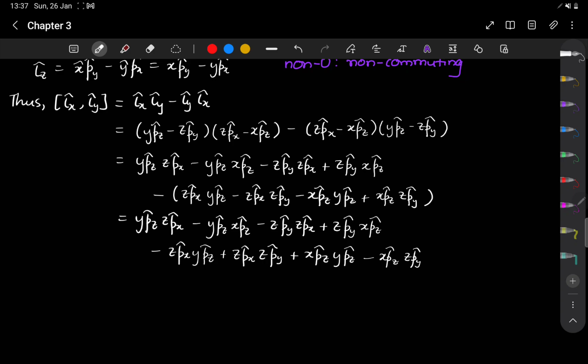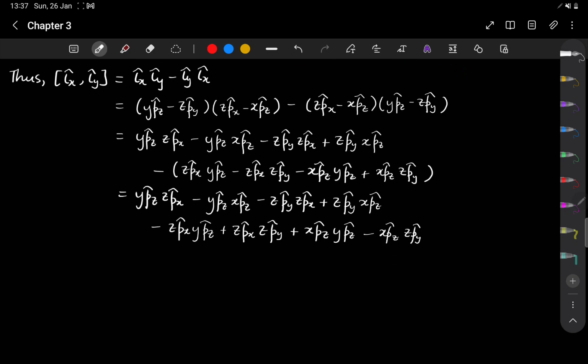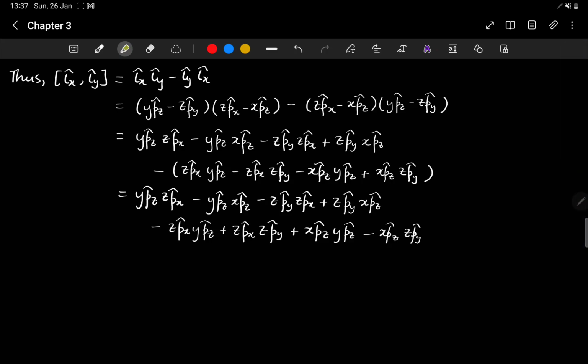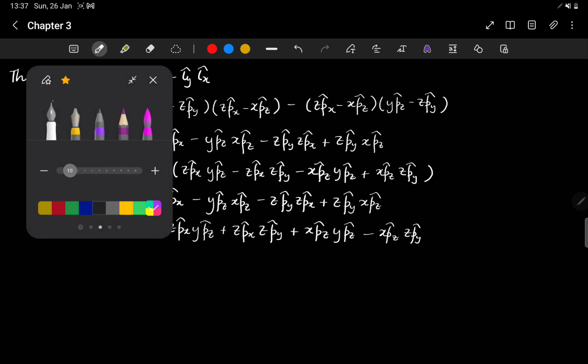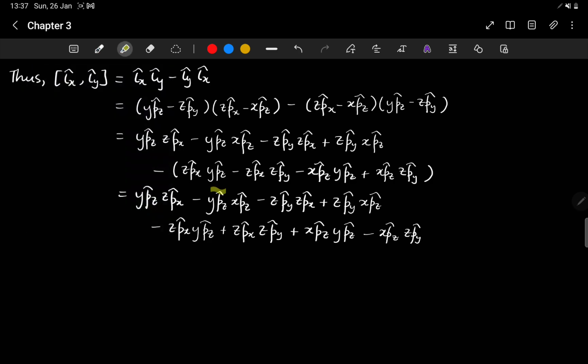Now let us group some terms together and see what we get. So if I group these two terms, let's say this with this term, let's see what we get.